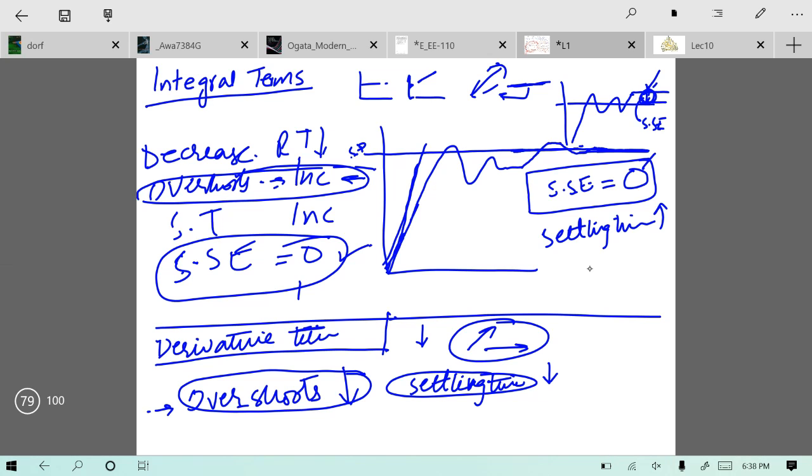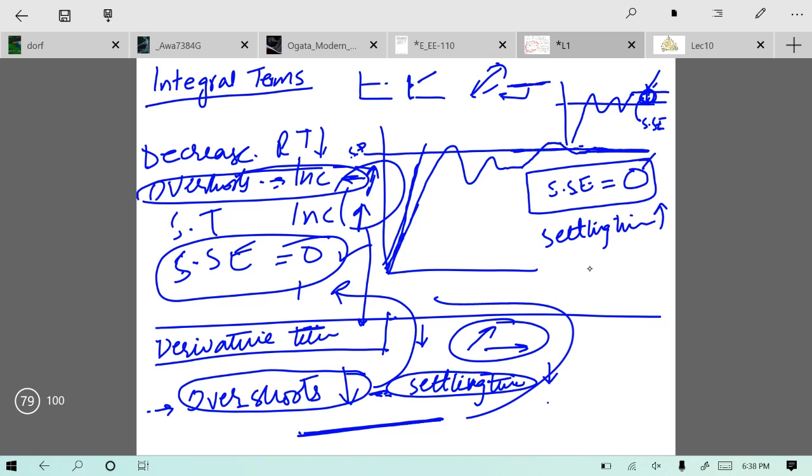The integral controller was increasing your settling time and your overshoots. So for these two points, you can install a derivative controller to keep overshoot and settling time in control. If you use I and D controllers in combination, your settling time and overshoots will be controlled and your steady state error will also be zero. This derivative term has no effect on your steady state error; for reducing steady state error to zero, you use the integral controller in combination.